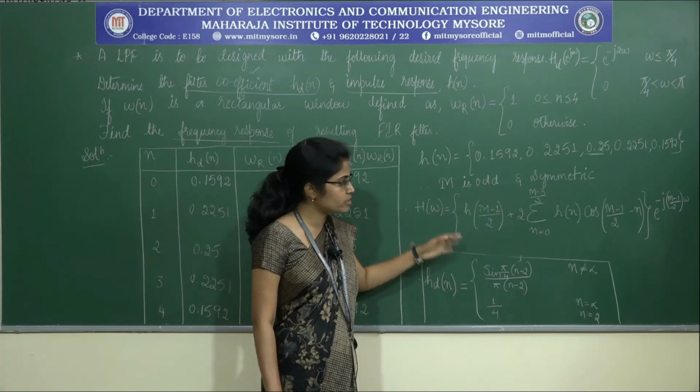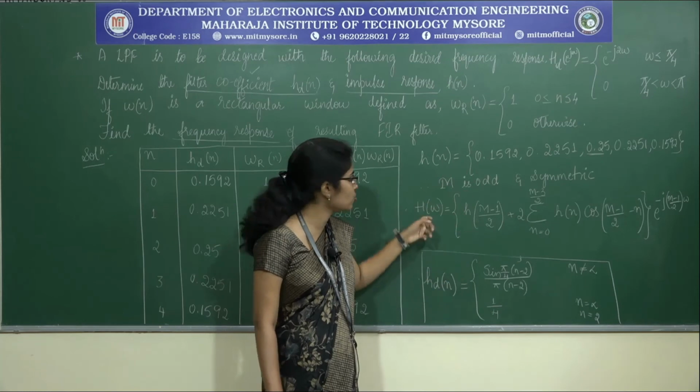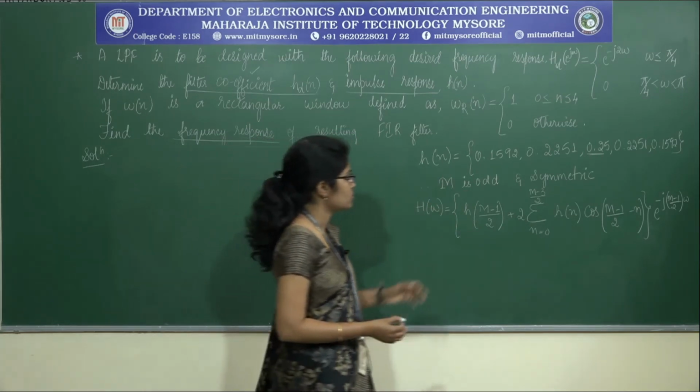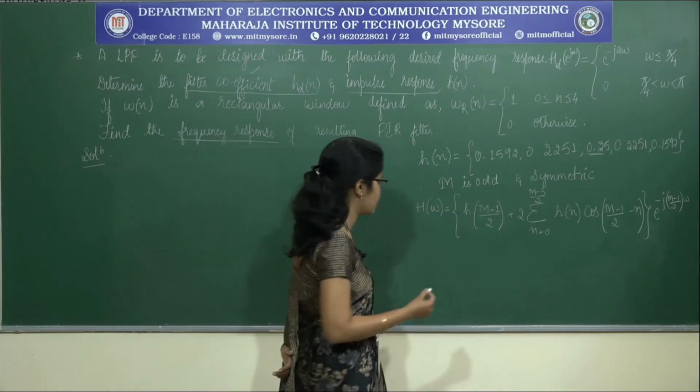Now to this we need to substitute the value of m and the value of h of n, and we can find out what h of omega is. So I have written the equation. Now let me substitute the value of m. We know the value of m is equal to 5.